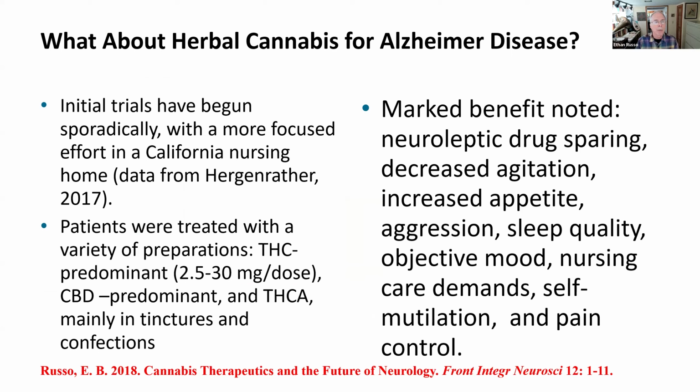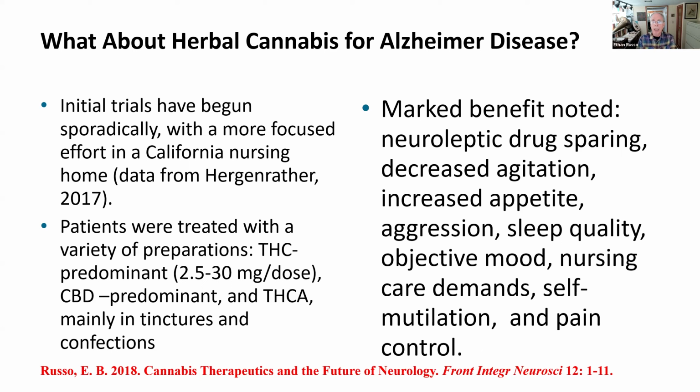Our friend Jeffrey Hergenrather, among other things, works at a California nursing home where they've extensively used cannabis to great advantage. This has been with a variety of different preparations: THC predominant, anywhere from 2.5 to 30 milligrams a dose, and CBD predominant, also including THCA, mainly in tinctures and in edibles.